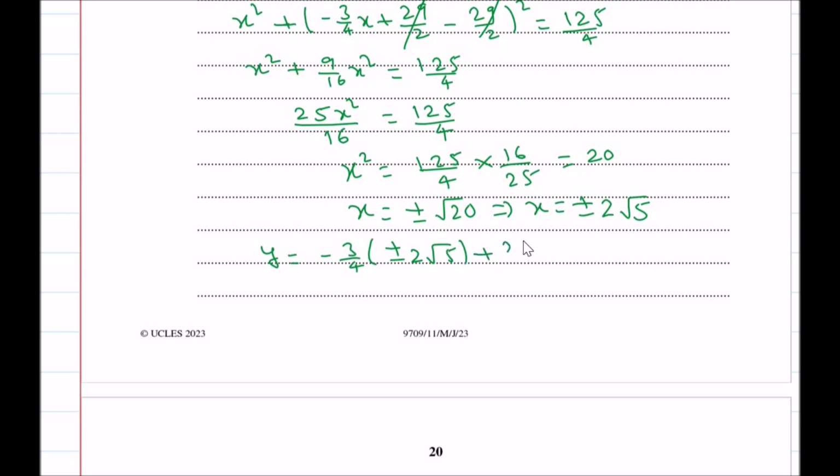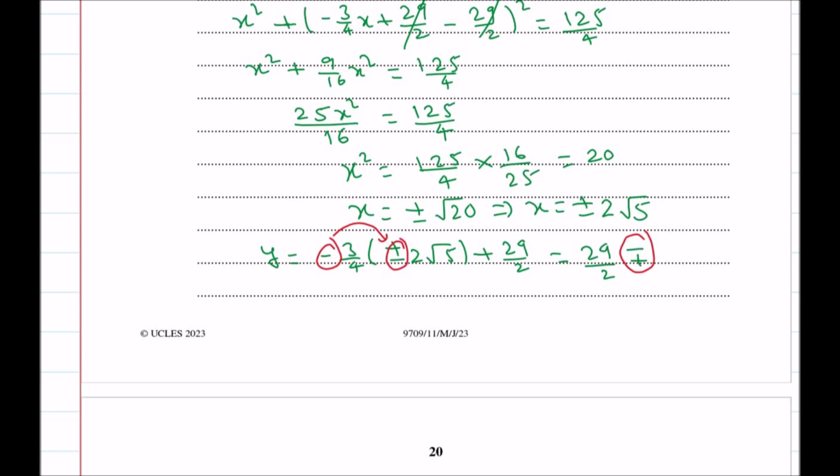So plus 29 by 2. Okay. And this is equal to 29 by 2. Now minus into plus minus, that becomes, now the sign will be opposite. It will be written minus plus. Once again repeating, this minus multiplied with this plus minus makes it minus plus.